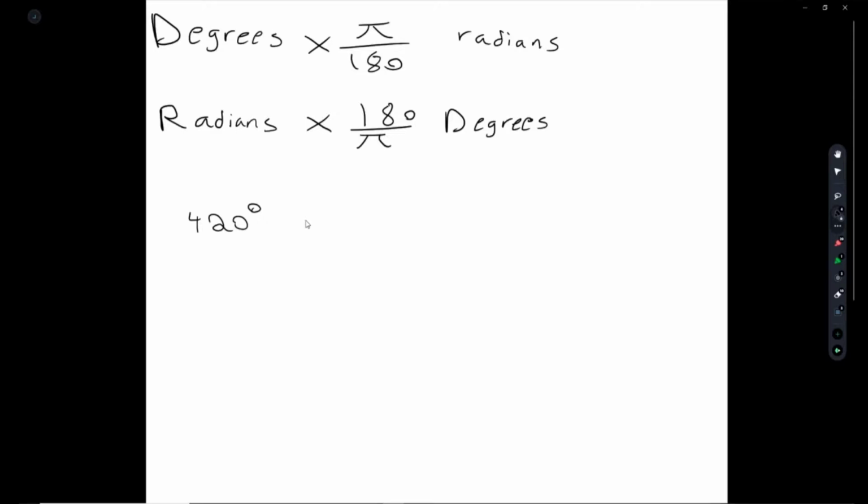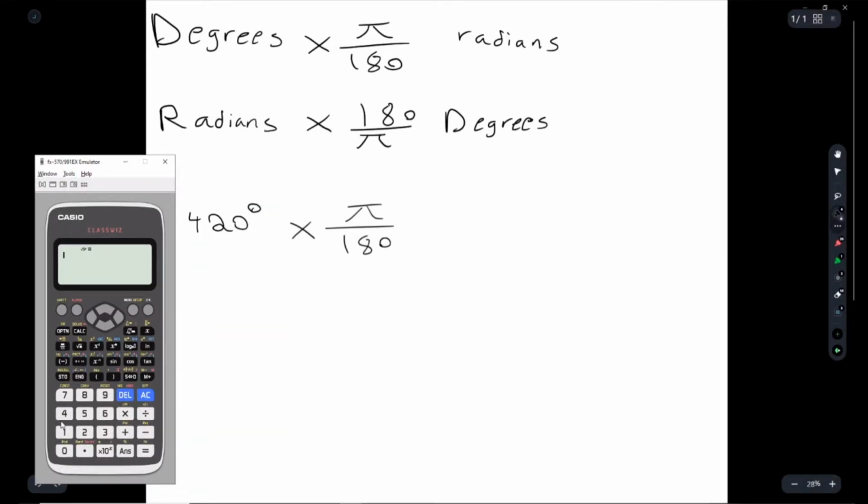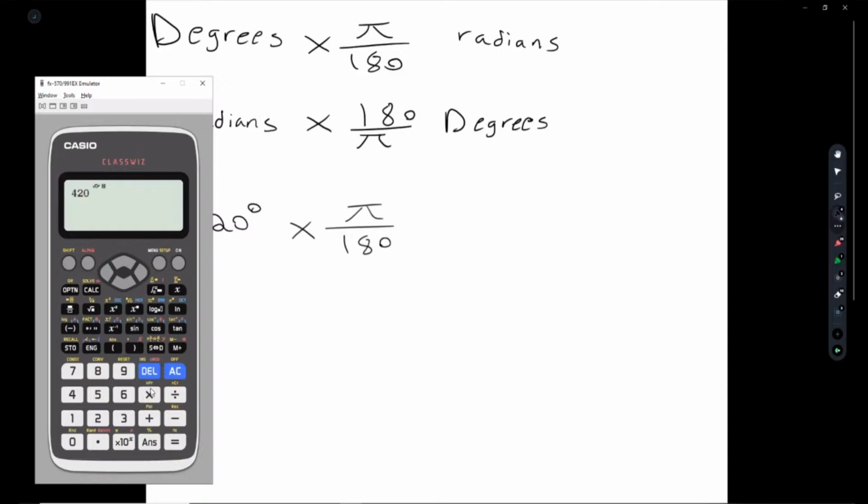First question is asking us to convert from 420 degrees to radians. So following the formula, converting from degrees to radians requires us to multiply by pi over 180. Since a calculator will be allowed for the test, you can just always use it. So 420 times pi over 180.